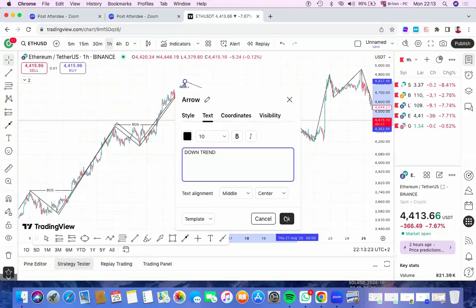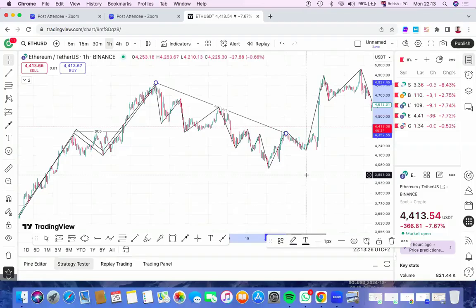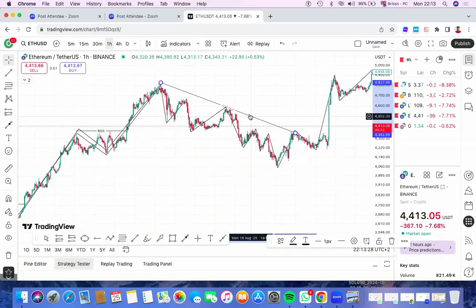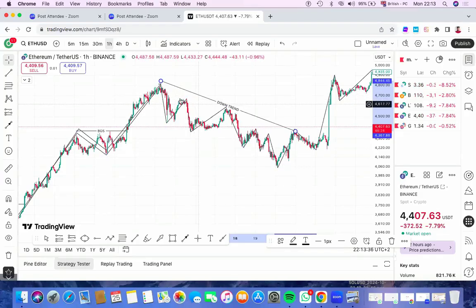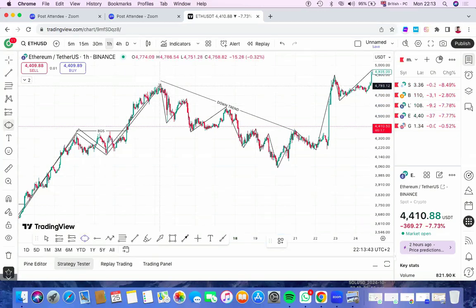And we will define this clearly right now. So when the market is in a downtrend, it starts to create lower highs. So if this is a high, this is a high. So now let's define this together.